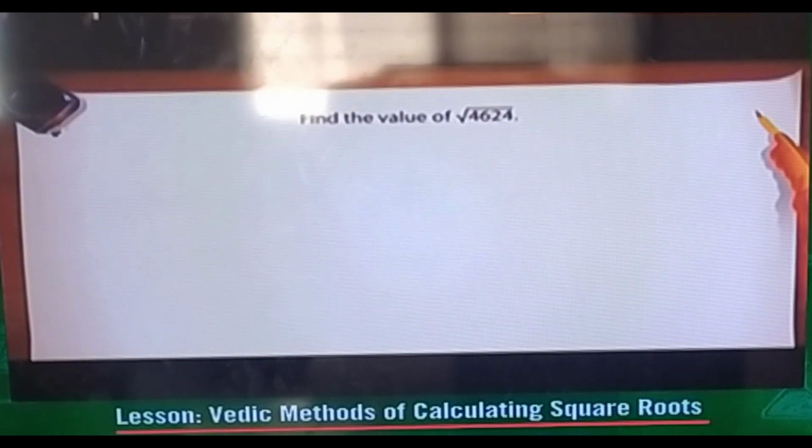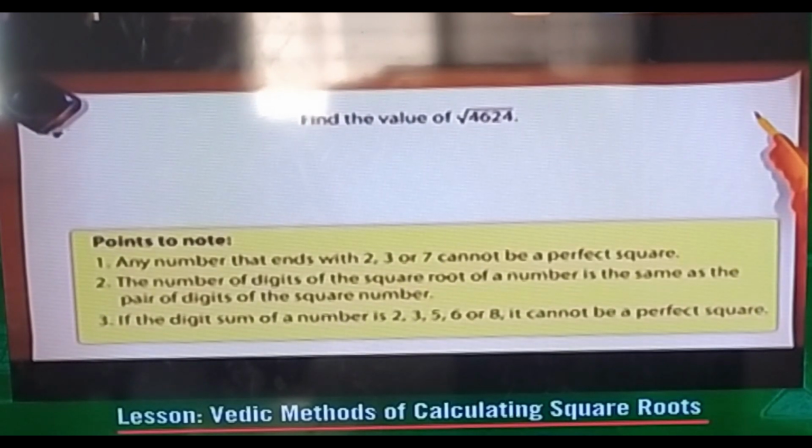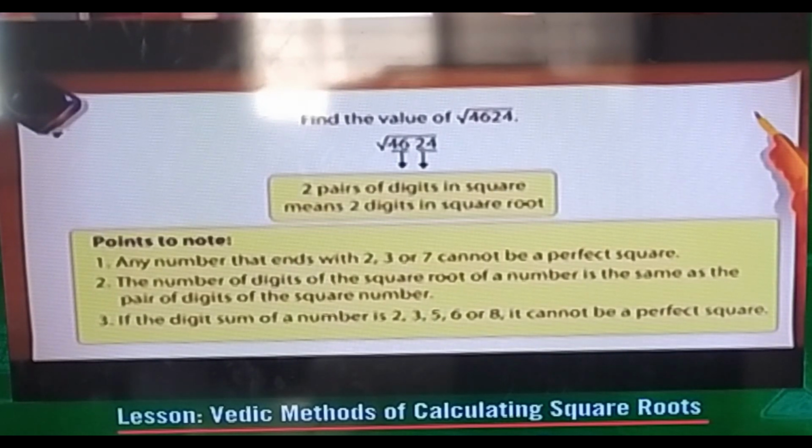Let's begin by finding the square root of 4624. Remember the 3 points we saw just now. There are 2 pairs of digits. This means that the square root will contain 2 digits.